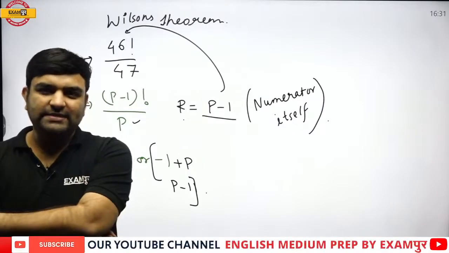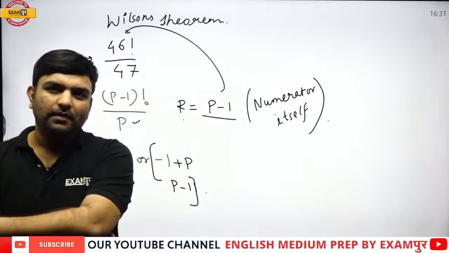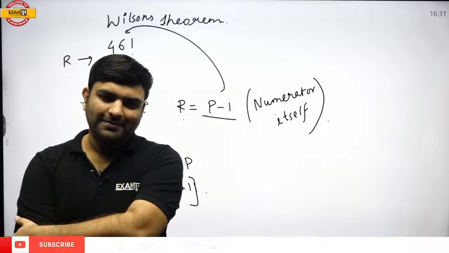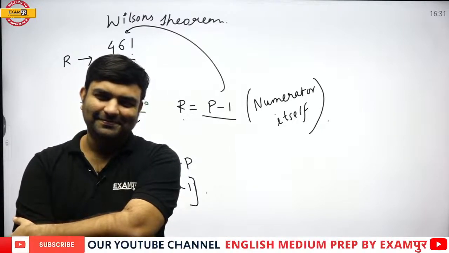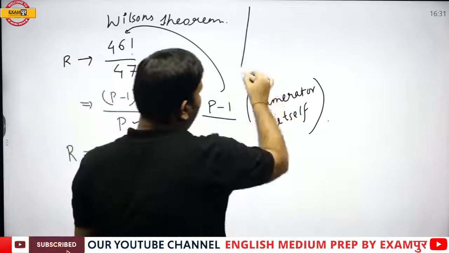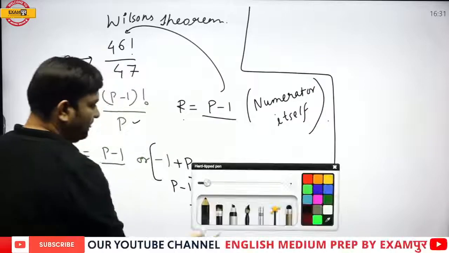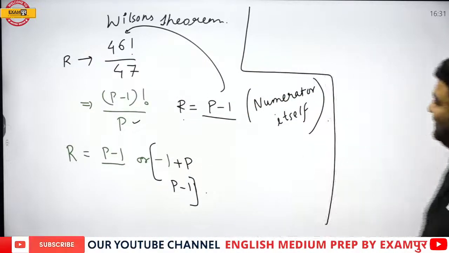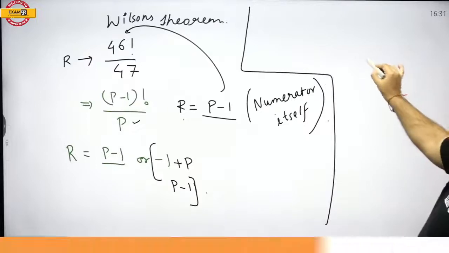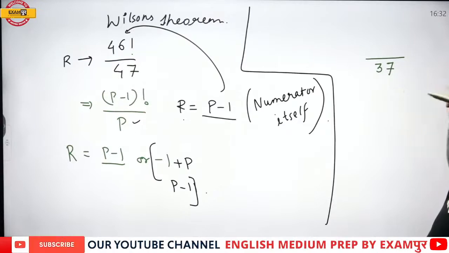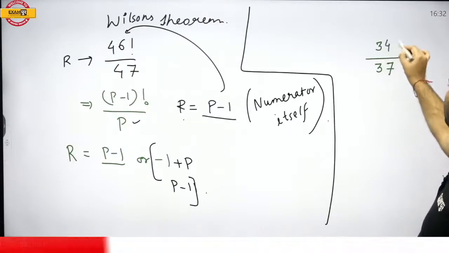But is this any fun? The fun would be if I ask you, what is the remainder when 34 factorial is divided by 37?